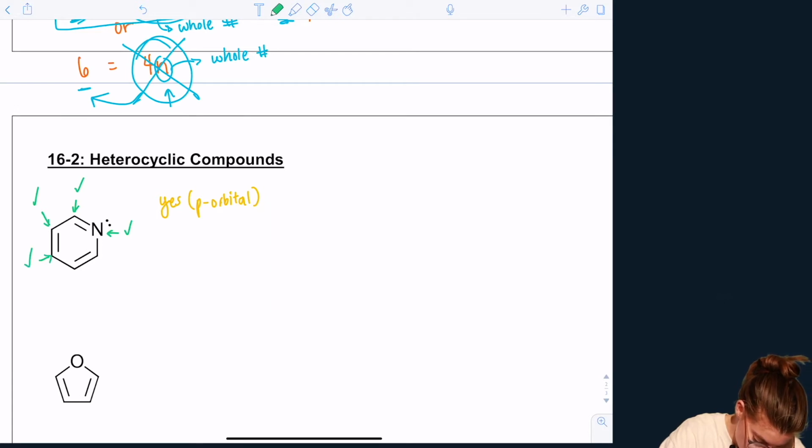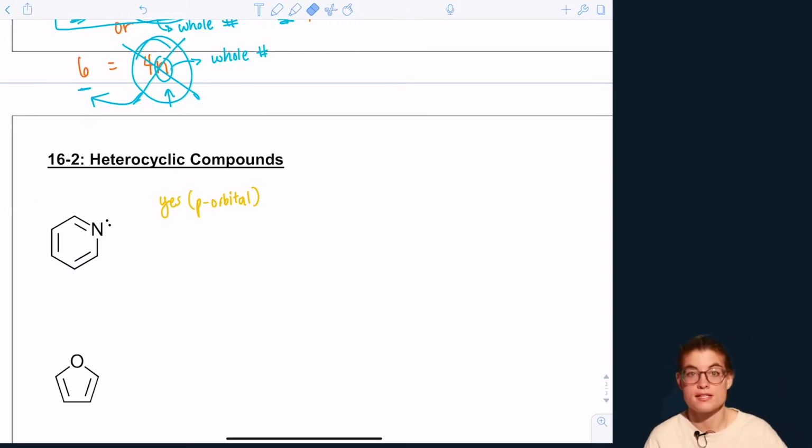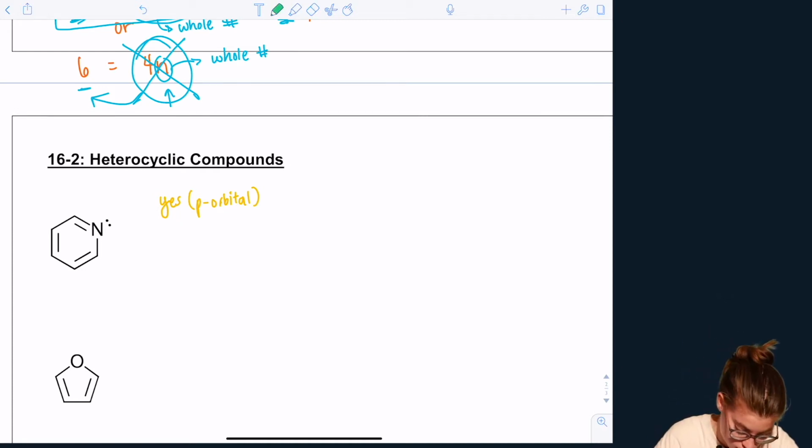This carbon? Yes. This carbon? Yes. And does this carbon have a p orbital? Yes. Okay. So now I know that my molecule meets the criteria to be either aromatic or anti-aromatic. Now I just have to count the number of pi electrons. So there are 1, 2, 3, 4, 5, 6 pi electrons.